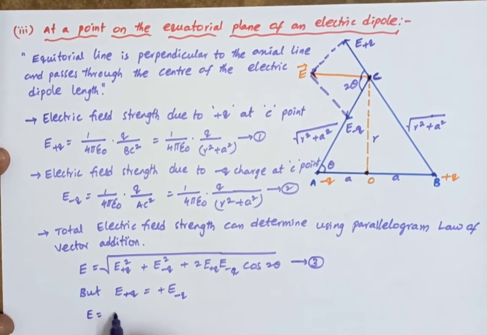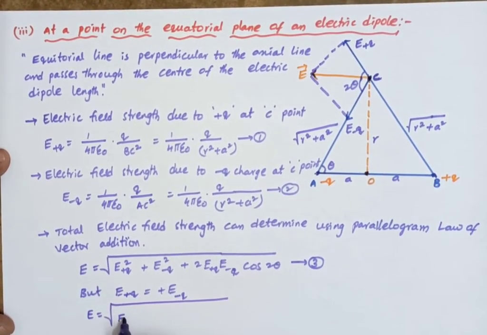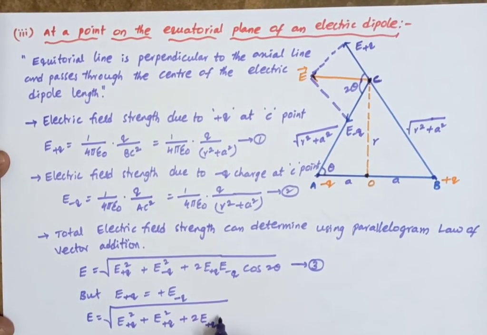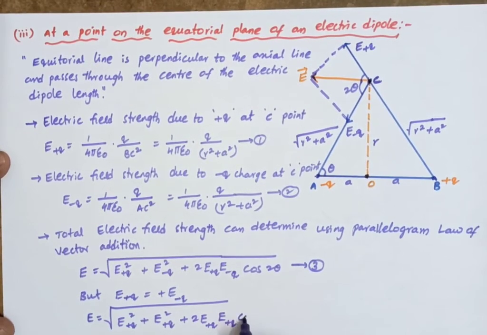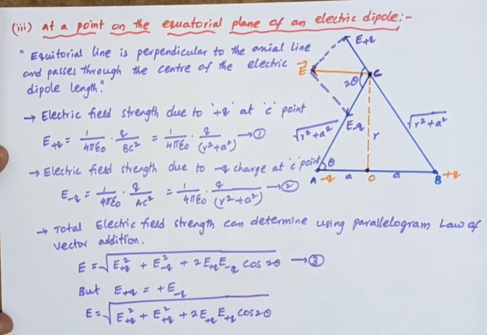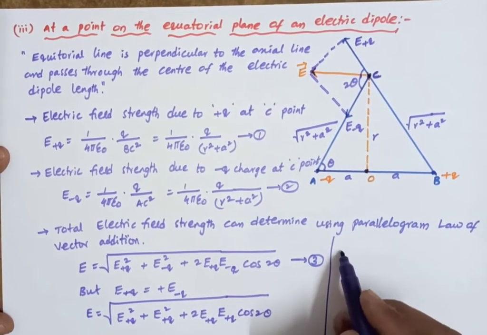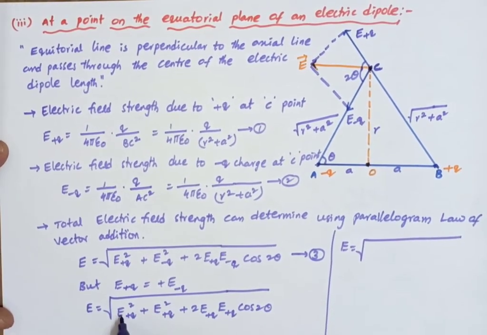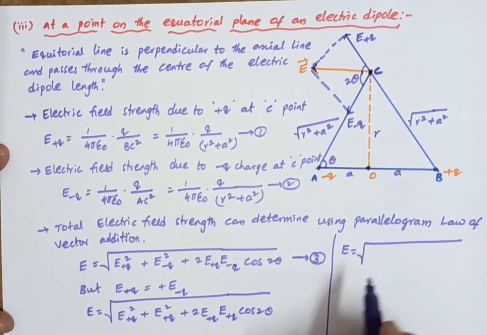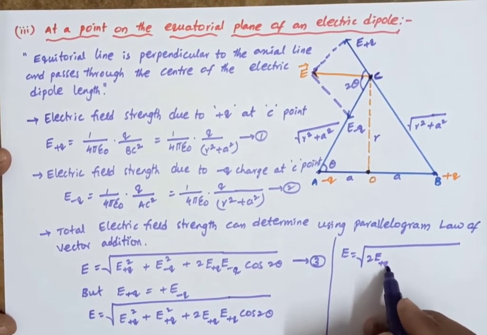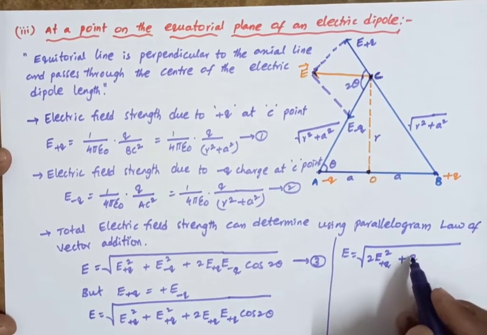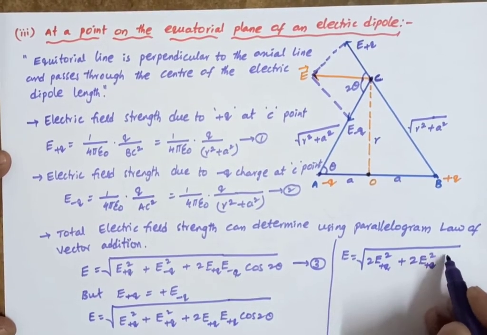So E equals the square root of E plus q whole square plus E plus q whole square plus 2 E plus q square cos 2 theta.